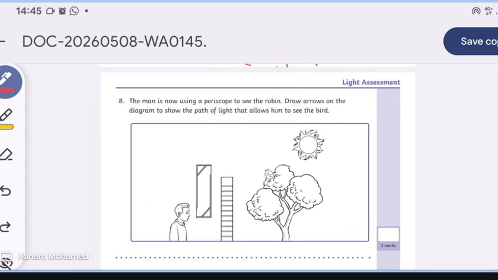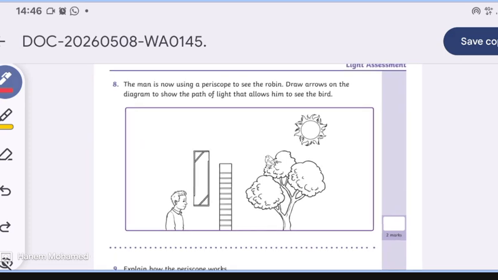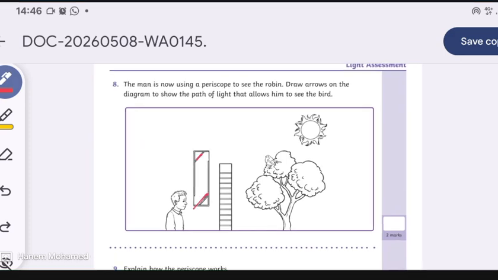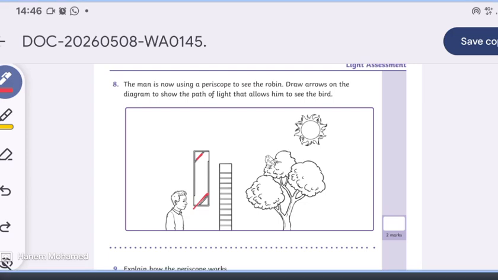So Farida, the boy is now using a periscope. Remember, in the periscope we have 2 mirrors. Draw arrows in the diagram to show the path of the light that allows him to see the bird. Number 1, the light falls on the robin that he wants to see. The robin is an opaque object and also irregular, so it will reflect the light in many directions.